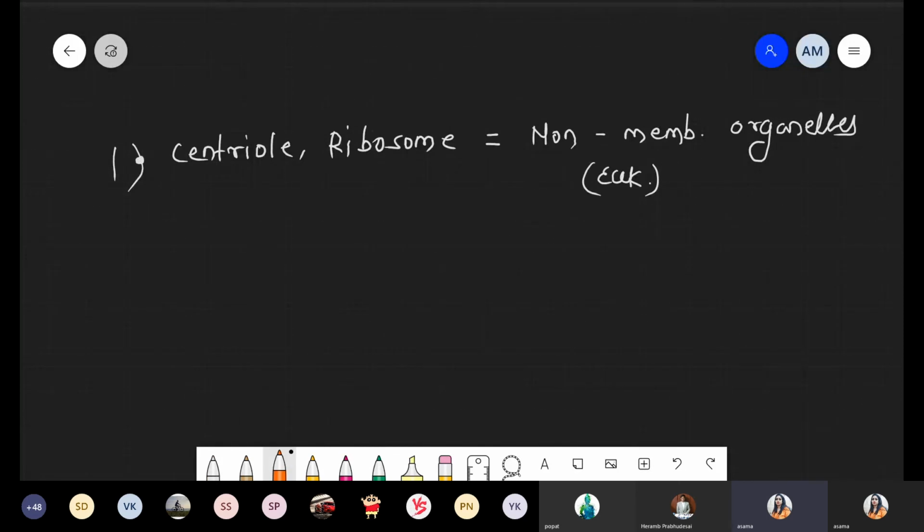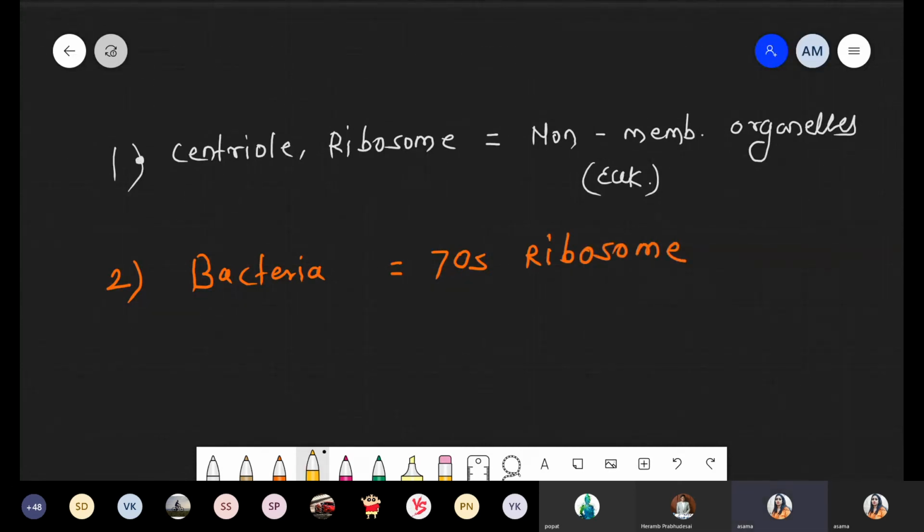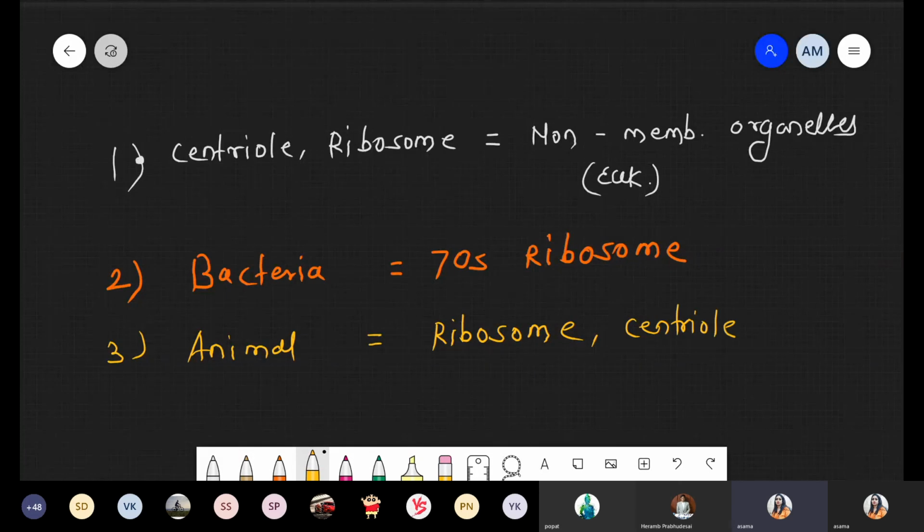But if it asks which organelle in bacteria is without membrane, there is only one answer, the 70S ribosome, because the centriole is totally absent in bacteria. In case of an animal cell, the two organelles are the ribosome, both 70S and 80S, and the centriole.